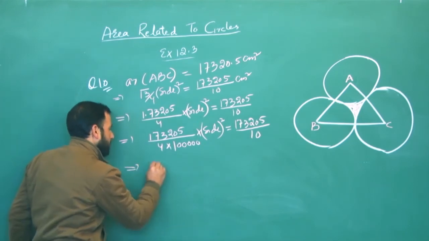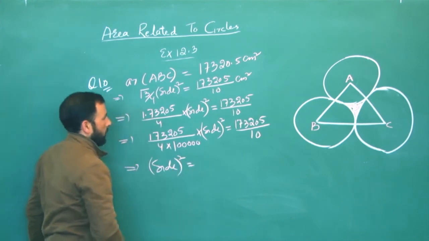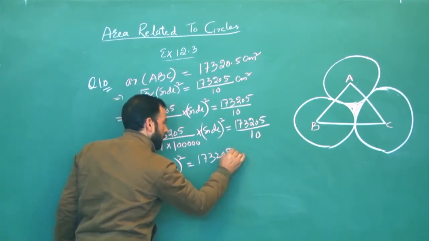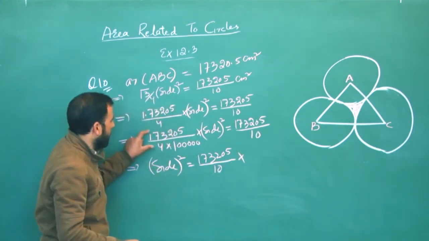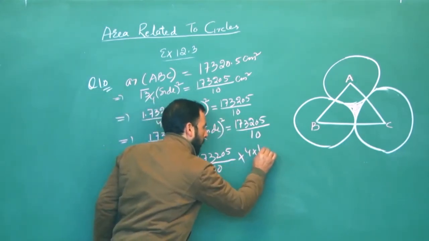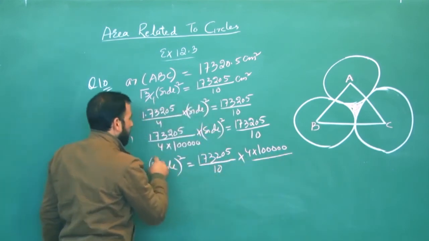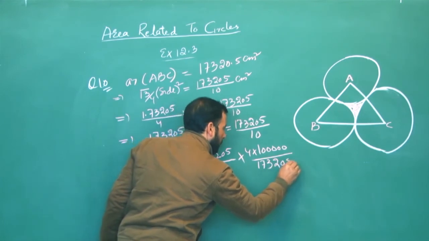We can write side square is equivalent to 17320.5 into, when we transpose this to the right hand side, it becomes reciprocal, 4 into 1 and 5 zeros divided by 17320.5.